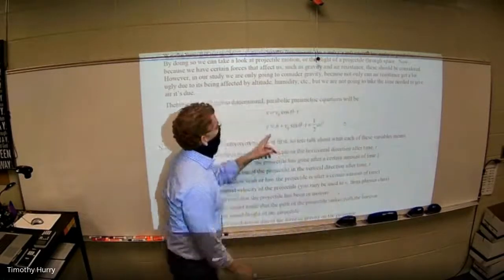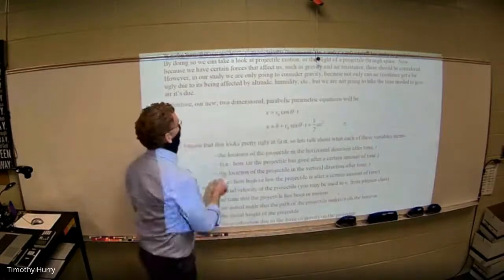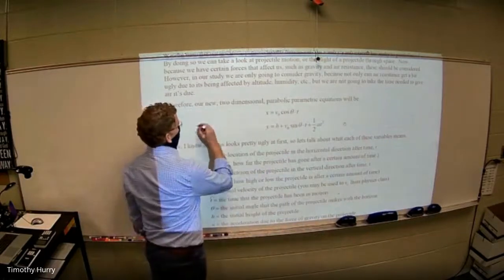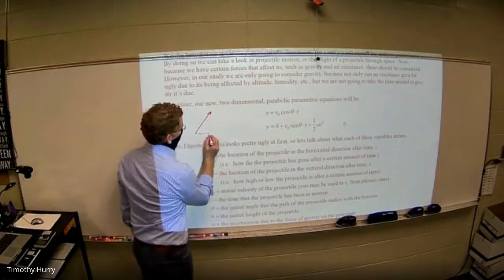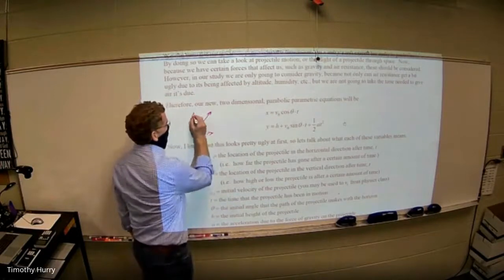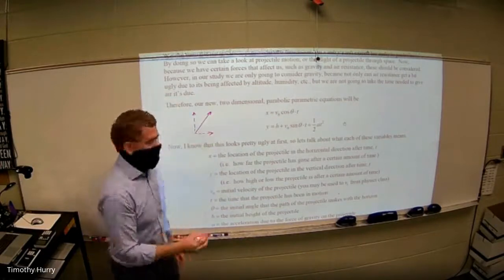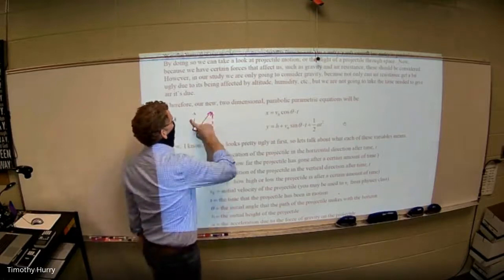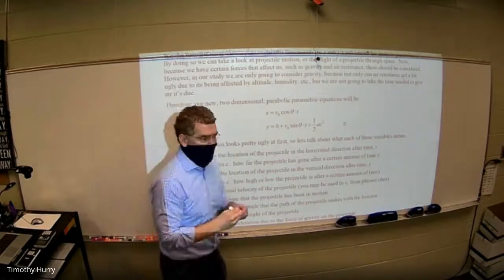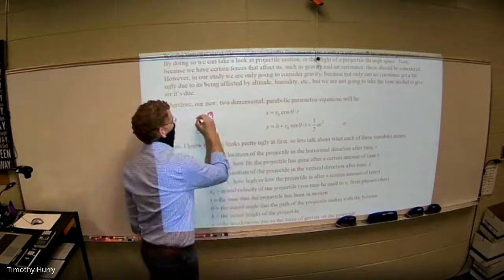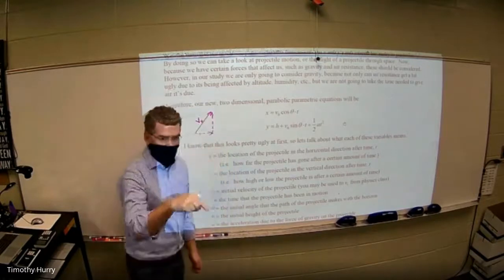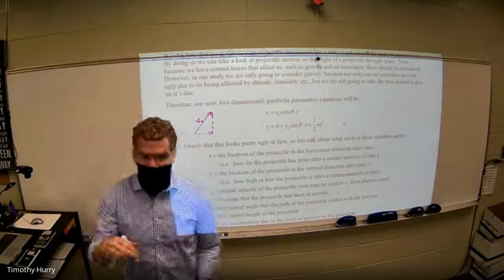So the first thing I'm going to talk about is this. If I shot something out of a cannon or whatever it is like this, it's going to have an X and it's going to have a Y component. Are you with me? I need to think about both of those. So if this was my velocity, and I use V0 to stand for my velocity at time 0.